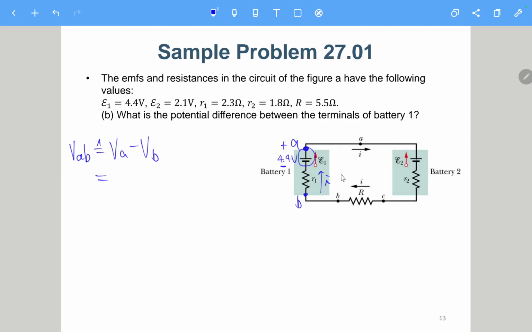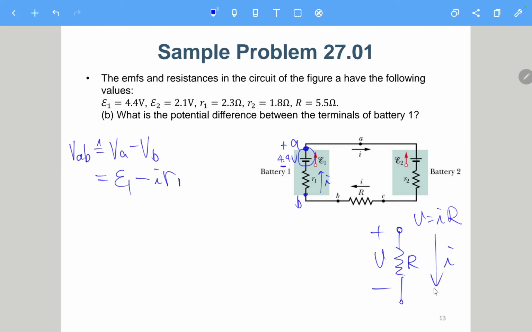This part is 4.4, which is E1, and then we should subtract I times R1. Because when you consider Ohm's law, this is I, this is R, and this point is higher than that point, so we should have V equals IR.